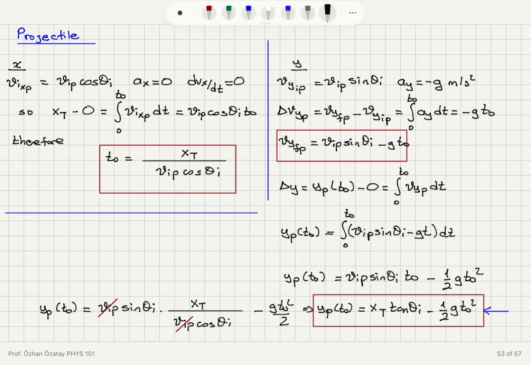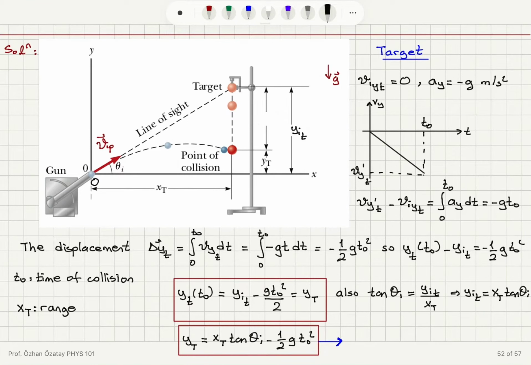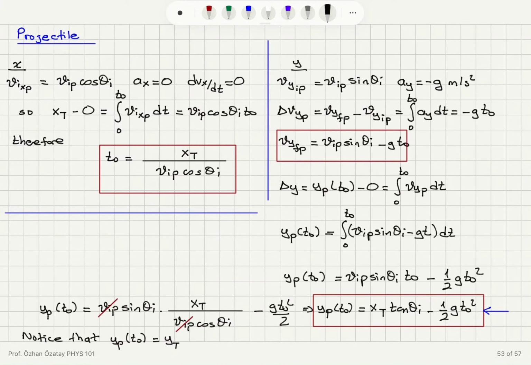So what is the conclusion? Notice that the final position of the projectile at the time of collision is equal to y_t, which is the final position of the target.